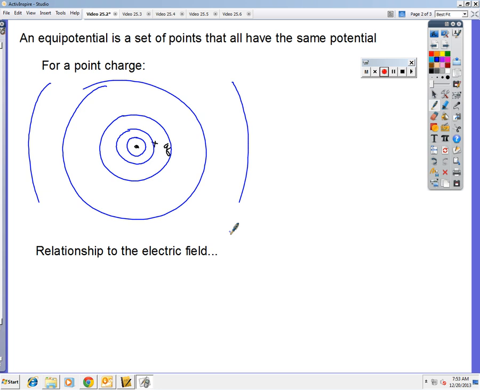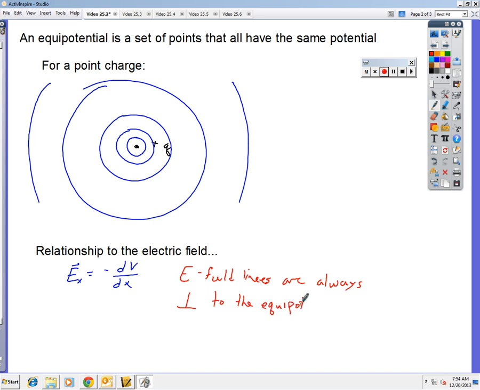And the relationship to the electric field is, remember, the electric field is the negative derivative of the potential. And a consequence of that is that the electric field lines are always perpendicular to the equipotentials.